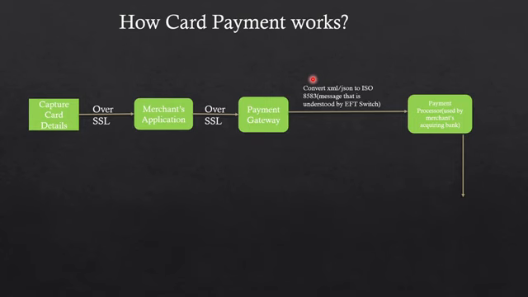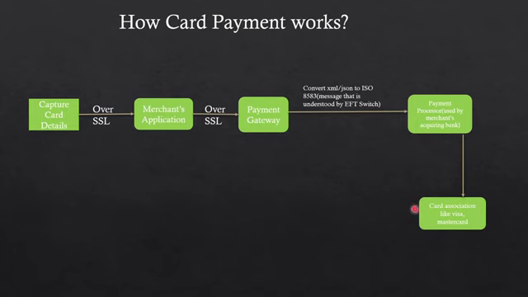So it understands that, okay, I need to make a payment using a card transaction. It will send the message to the card association. Card associations are entities like Visa, Mastercard, Amex. They will receive this message, and they know which particular card number is associated with which bank. Suppose you have a card number like 426345550. The card association has a directory, and there they know which set of numbers has been issued to which bank.